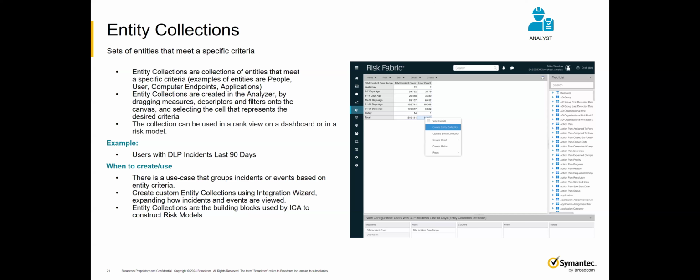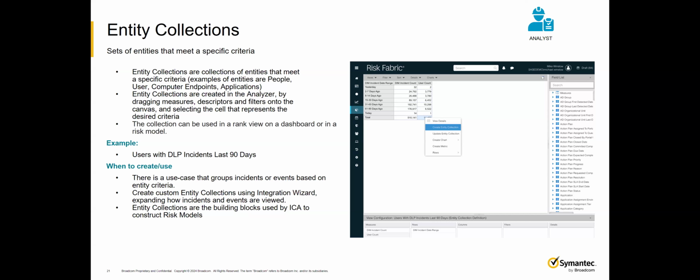So the entity collections are basically the ability to say, I want to group people, users, computers, things together that meet a specific criteria. As an example, I want to utilize a scenario where I just want to deal with people with DLP incidents over the last 90 days. You can create scenarios using entity collections, so you can tie these in to scenarios to build out that bigger picture.